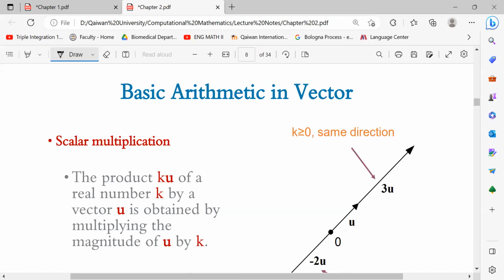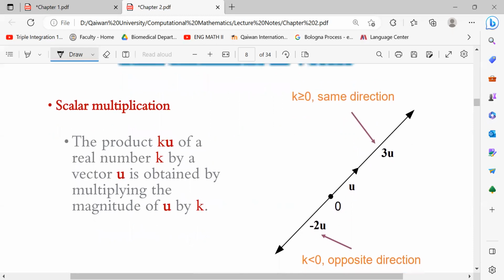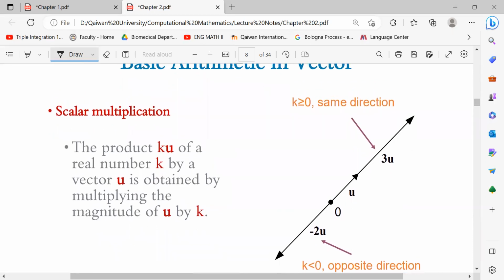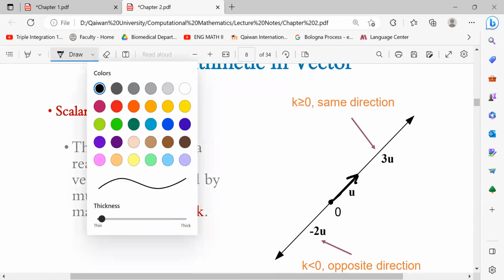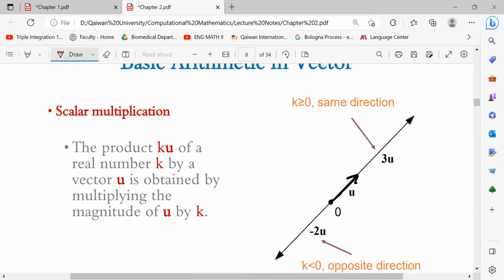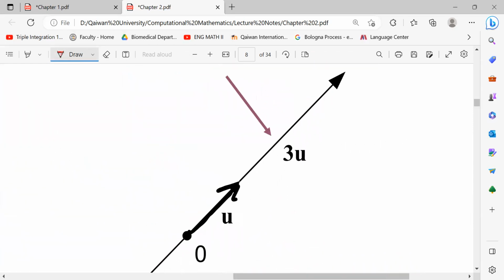We now have a scalar multiplication of a vector. If the scalar is positive, we have only a change in the length or magnitude. For example, this is U, from here to here.